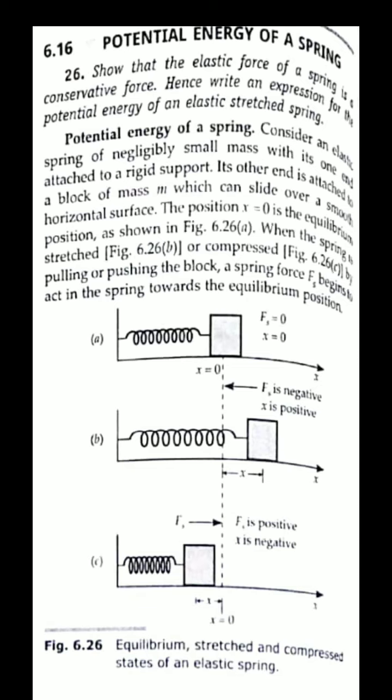In that part we discussed elasticity, elastic limit, and Hooke's law. So elasticity is the property of a solid object. What is that property? If we remove the applied force, the object will return back to its initial condition. That property of an object is called elasticity.